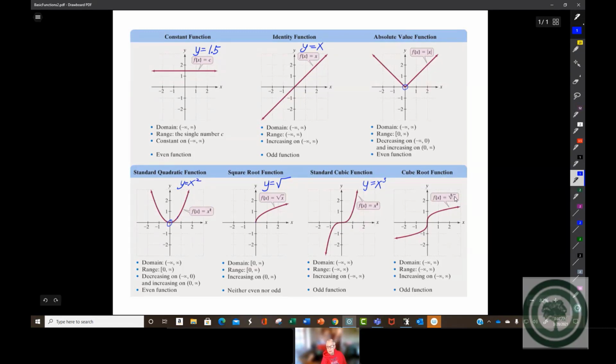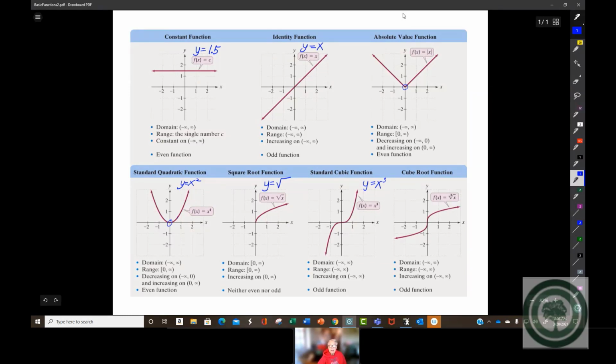Then we have the cube root. It's not really flat, but it is slanted, but it gets so close to the y-axis that you can't really see that it's slanted.